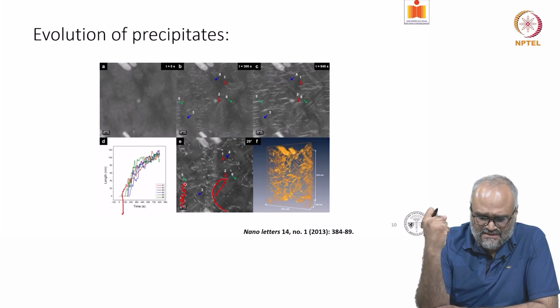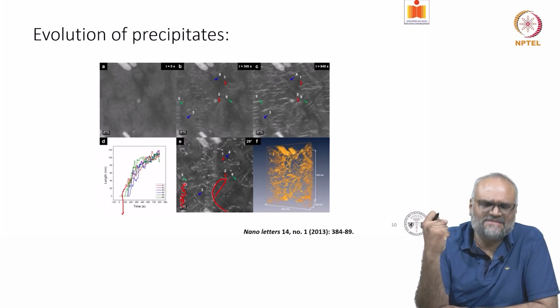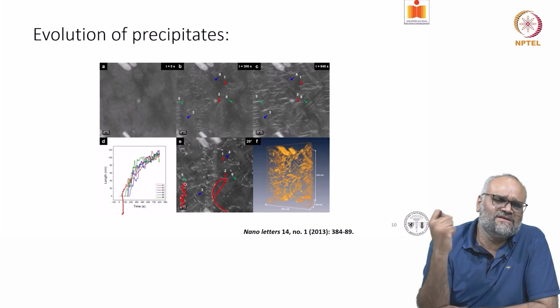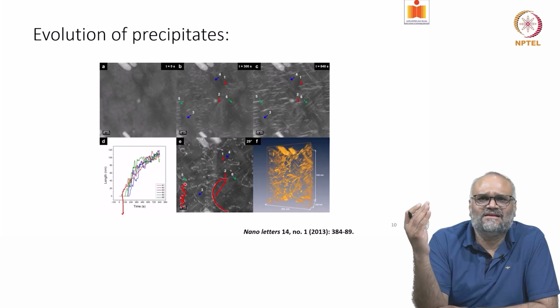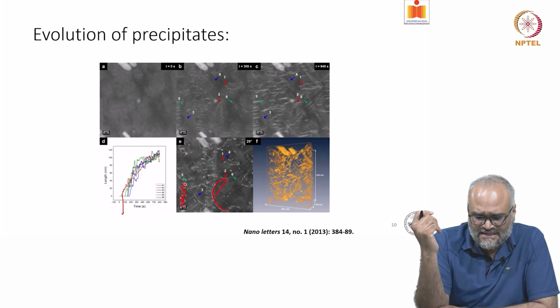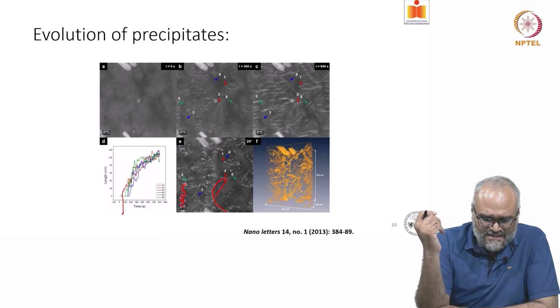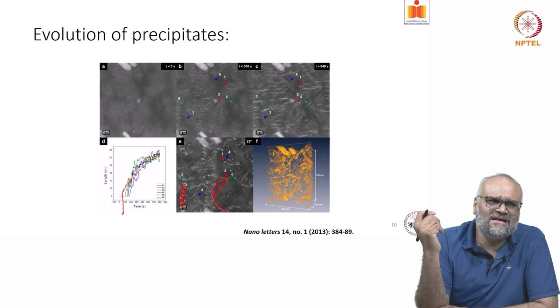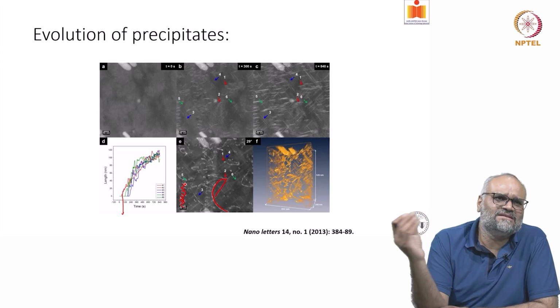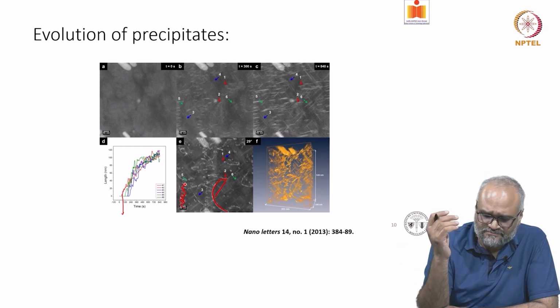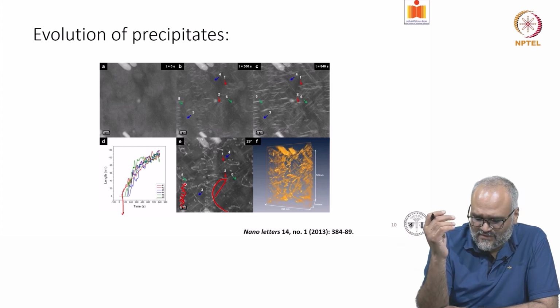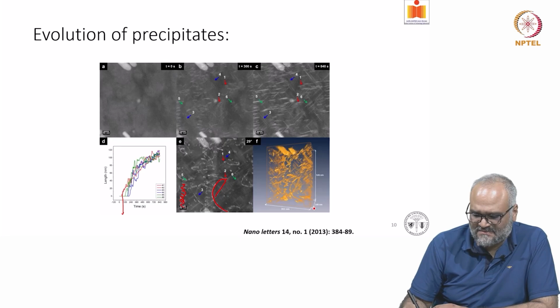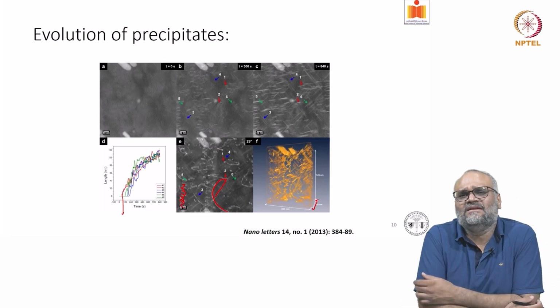So nucleation of these precipitates has started on dislocation surfaces before the other regions in the matrix, and that is why you see that the families of precipitates marked in green and blue start more or less around the same time, whereas the ones in red, which are nucleating on the dislocations, actually start much ahead. And if you look at it, the thickness of the specimen here is 140 nanometers.